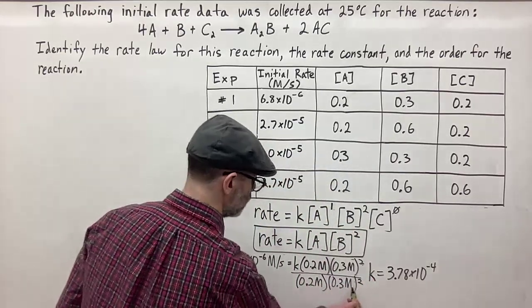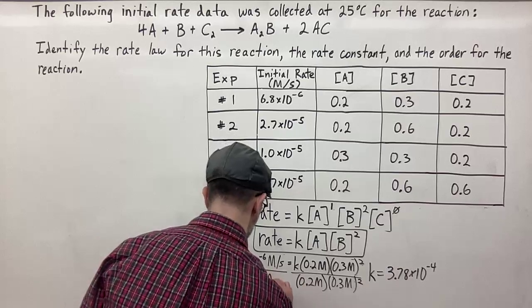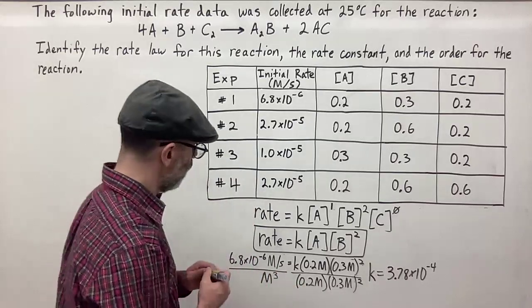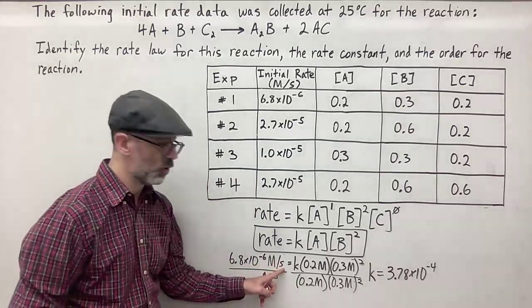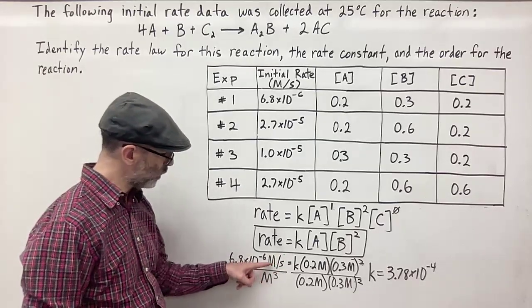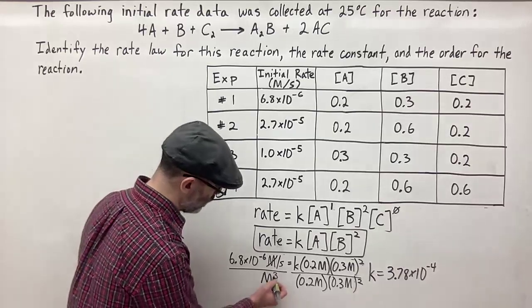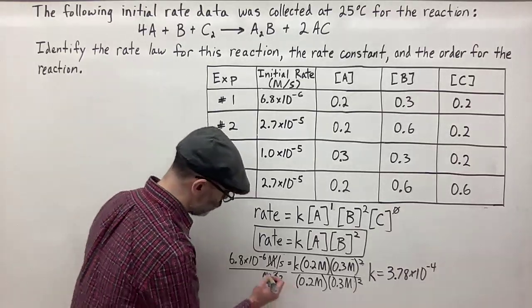So here, this is molarity cubed, so we're going to be dividing this by molarity cubed. But here we have molarity over seconds. So we have molarity cubed on the bottom, molarity on top. This is going to cancel out with one of these. So that's going to become a 2.